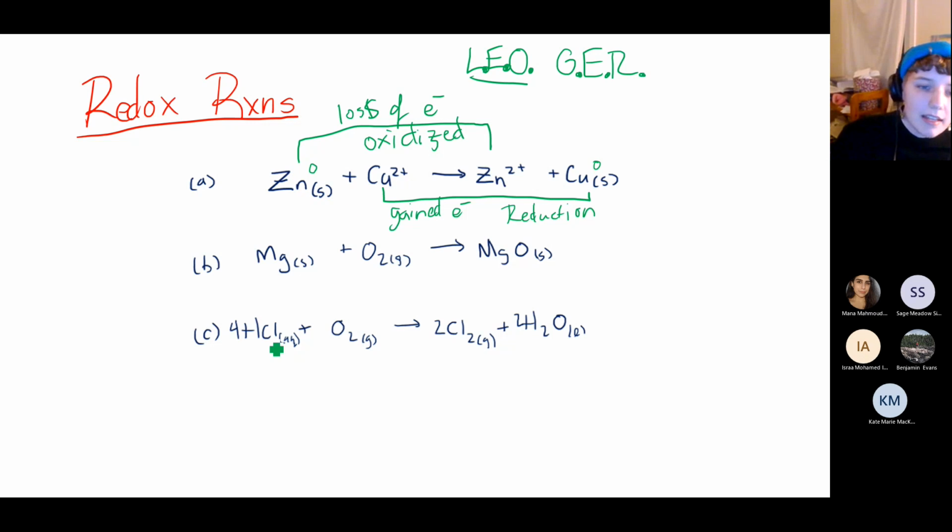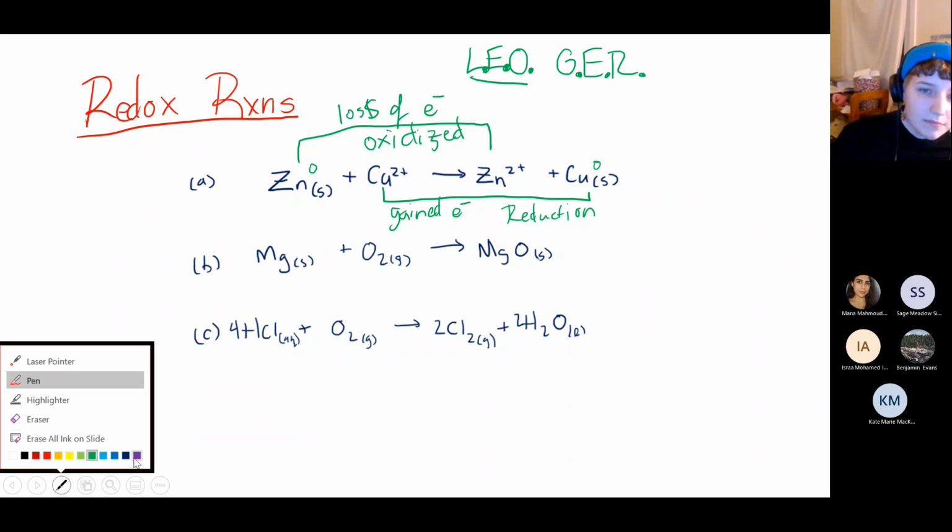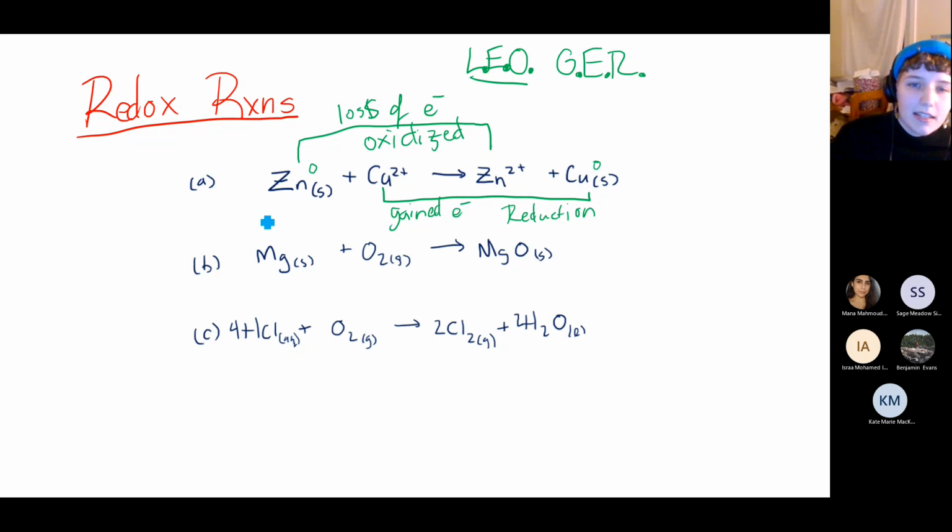And that means, let me use a different color, we say that zinc is the reducing agent and copper is the oxidizing agent, which is kind of confusing because it's opposite to what it actually is. Zinc is being oxidized, but we call it the reducing agent.